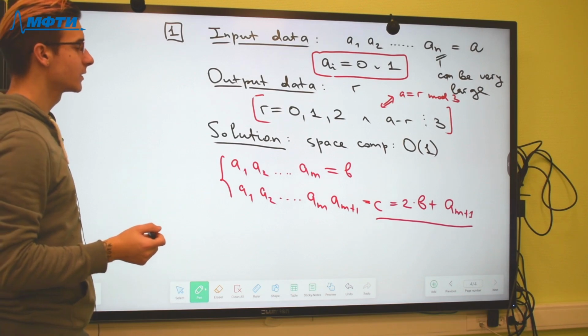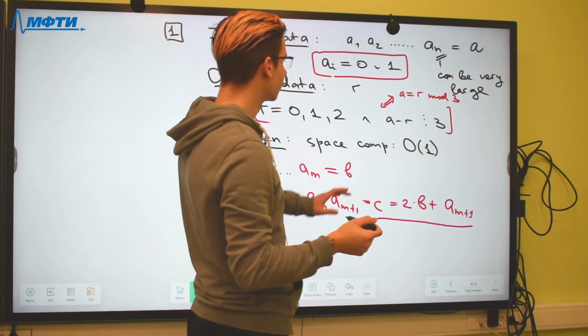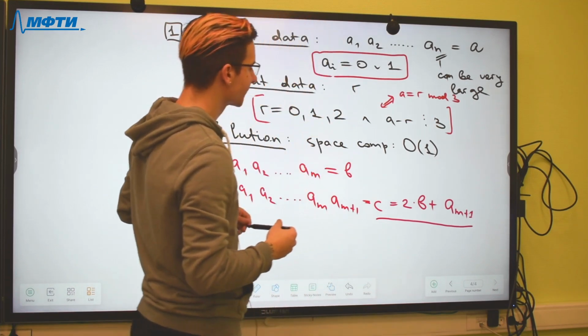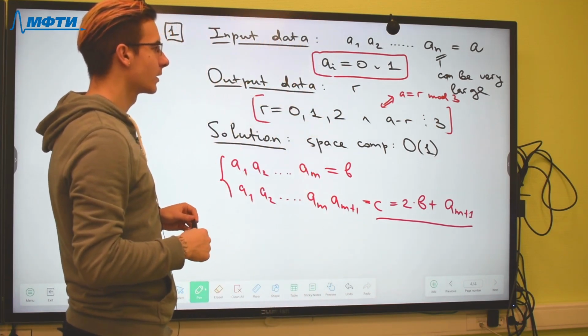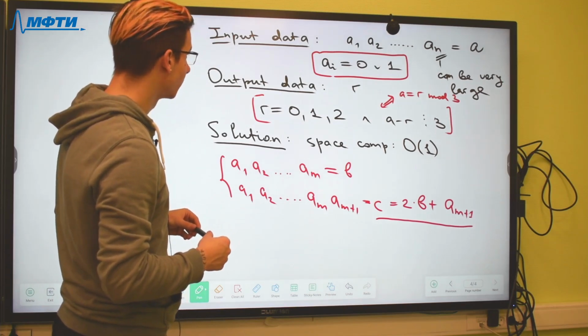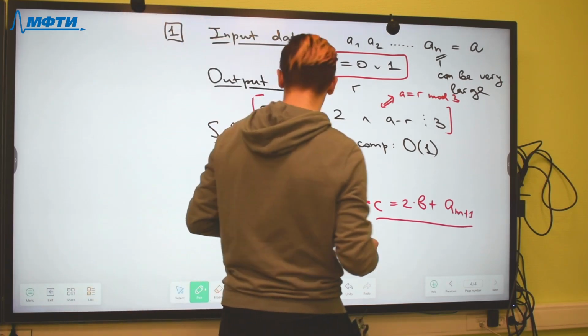And it is interesting that this equation is very similar to our usual equation.